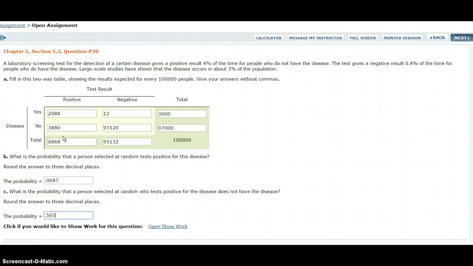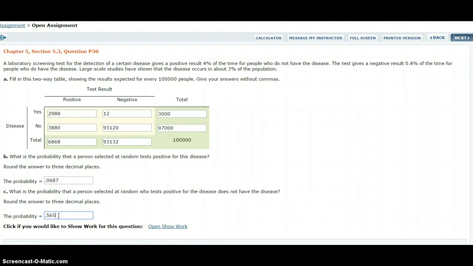If you have some kind of test that you take, a pregnancy test or a test for a fatal disease or something that's a very serious thing to you, and it comes back positive, well, not only do you need to check the false positive rates, the true positive rates, you really want to get into the data and know what your chance is of having it if you test positive.